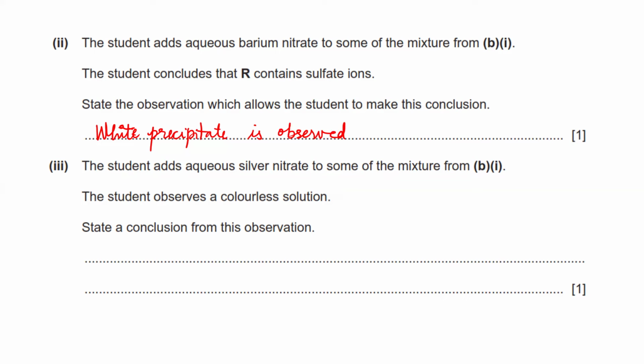Okay, so then part three, it says the student adds aqueous silver nitrate to some of the solution. The student observes a colorless solution. State the conclusion for this. So it means that silver nitrate is a test for halides.